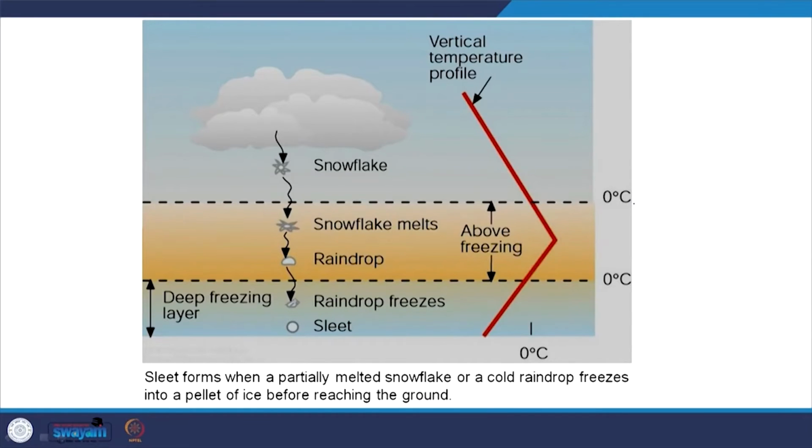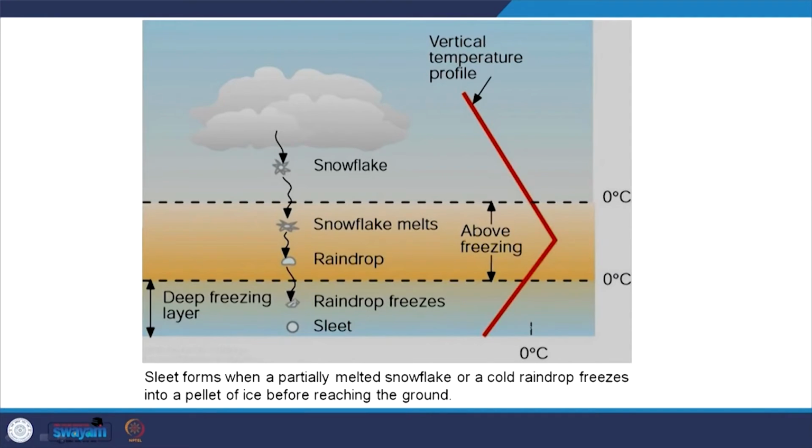So, let us say if you look at the vertical temperature profile, you have to understand. Wherever the temperature is more than 0 degrees Celsius, the freezing point of water, water will exist in the liquid phase at that particular point, and when the temperature becomes less than 0 degrees Celsius, automatically you will expect freezing and a lot of snow to exist at that temperature, right. So, this is how the temperature is varying. Temperature is increasing with respect to height up to a particular altitude, then it is decreasing.